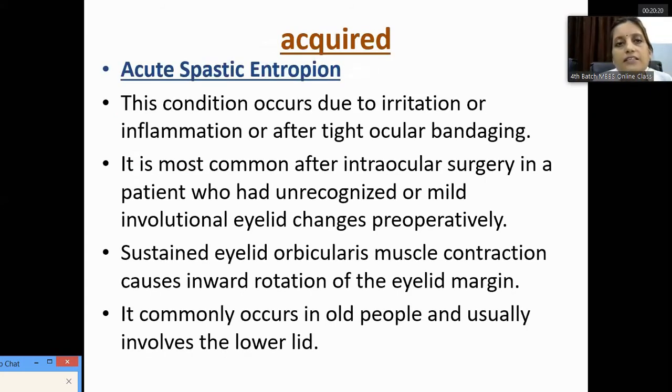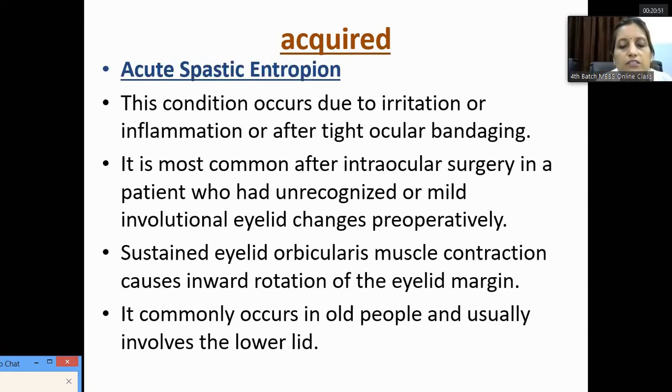A spastic type of entropion in this condition occurs due to irritation and inflammation or after a tight ocular bandage over the orbicularis oculi muscle. So it is most common after intraocular surgery in a patient who had unrecognized or mild involutionary eyelid change preoperatively. So some old patients, in case of senile, already have somewhat loose lower lids or canthal tendon.